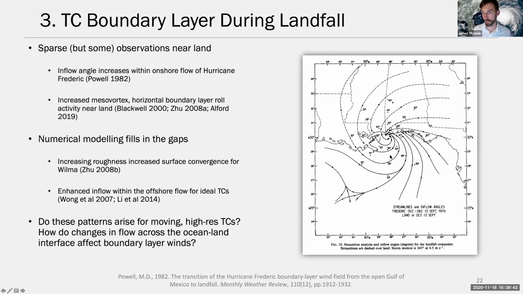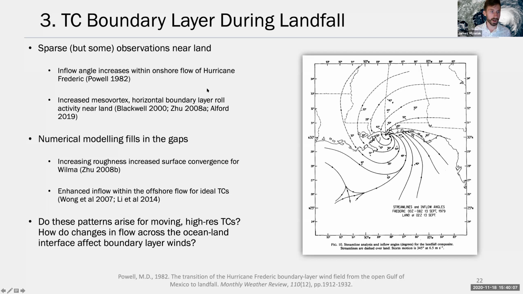Just to make sure we're all on the same page, I'll be referring to the onshore flow as the right of motion flow. That's flow transitioning from the ocean to the land surface. And offshore indicates the flow transitioning from land to over the ocean. So he found increasing inflow angles before landfall.